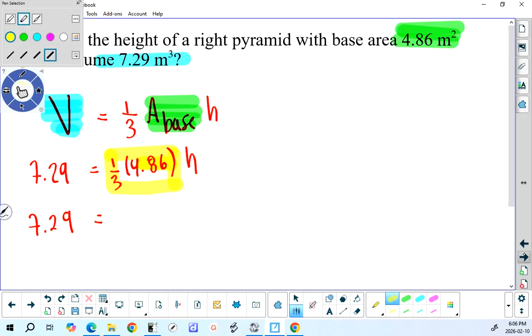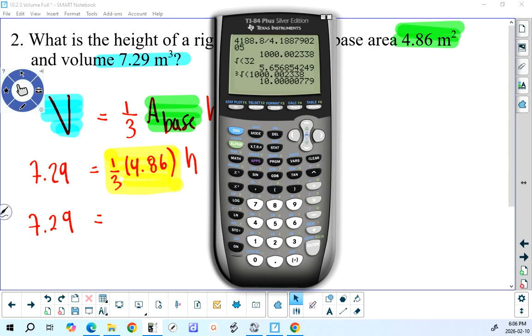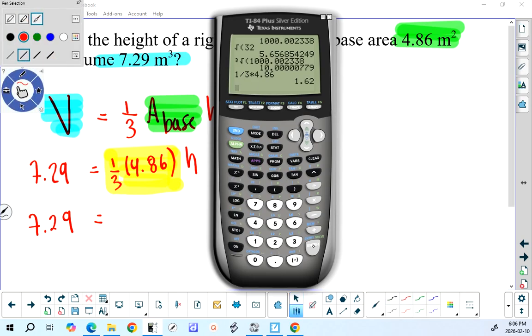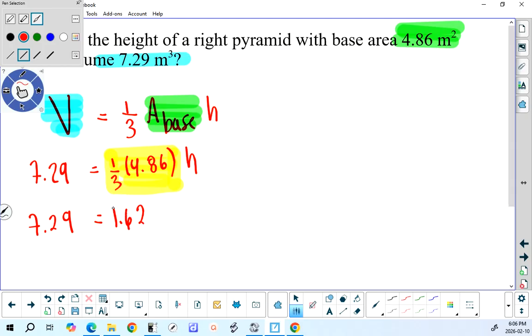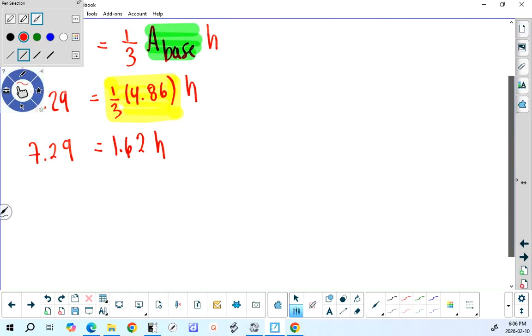We take our calculator and we figure out what it's equal to. 1 divided by 3 multiplied by 4.86 gives us 1.62, times the height. Oh, child's play. Divide both sides by 1.62 and we will have our answer.